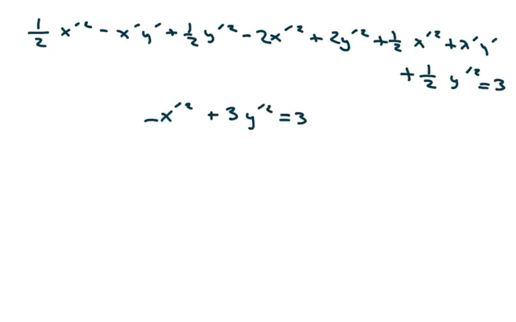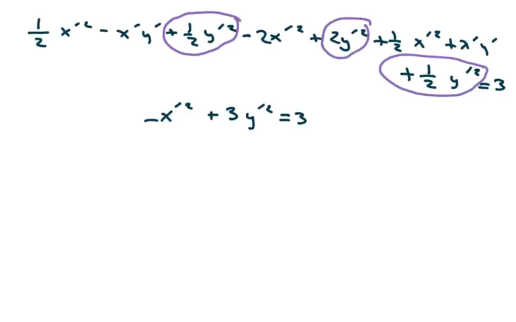I'm going to see if I can do this better than last time. So I'm going to look at how many of these I have. I have this one, and this one, and this one. These are my like terms. So that's what gives me the 3.